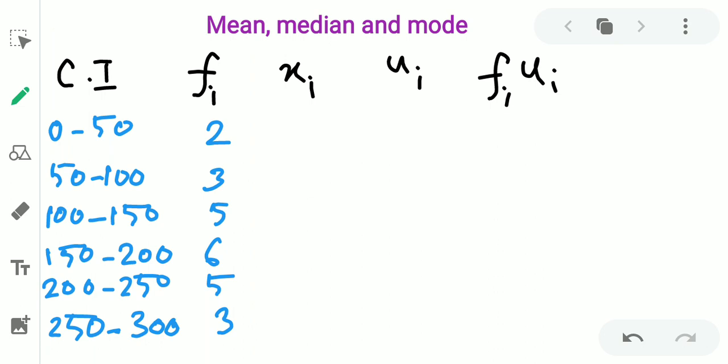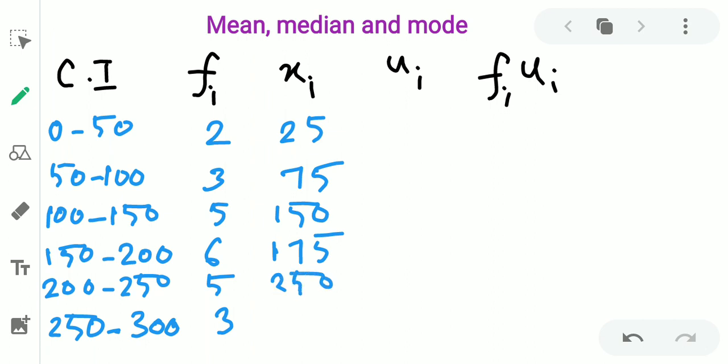So the mid value is 25 for the first, then 75, 125, 175, 225, and 275. Finally we have done xi.